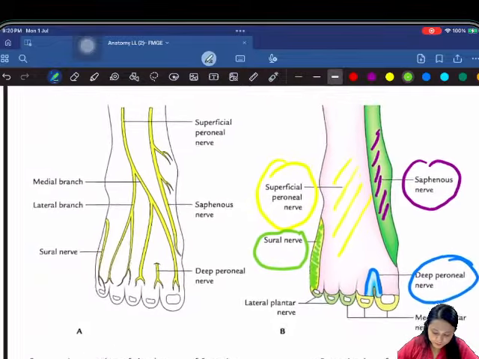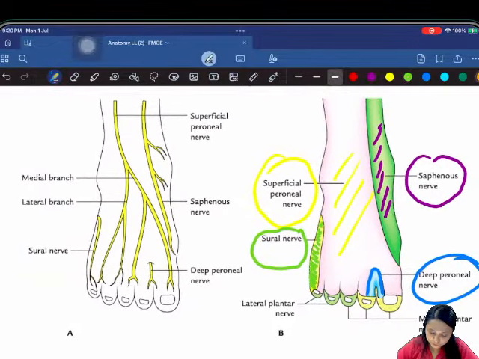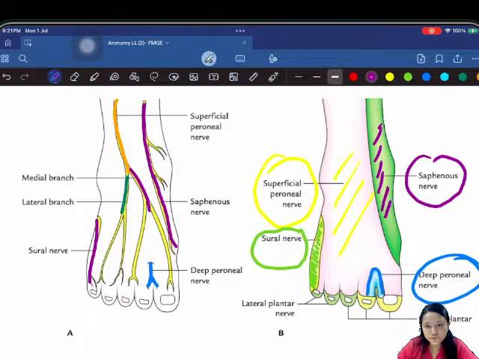Similarly you can see here that this is the superficial peroneal nerve. It will give two branches. It will give the medial branch, and it is also going to give the lateral branch. Okay, then you have the saphenous nerve here. Okay, and the first web space is supplied by the deep peroneal nerve, and the most lateral part is supplied by the sural nerve.